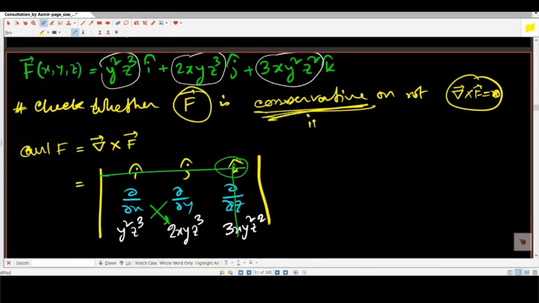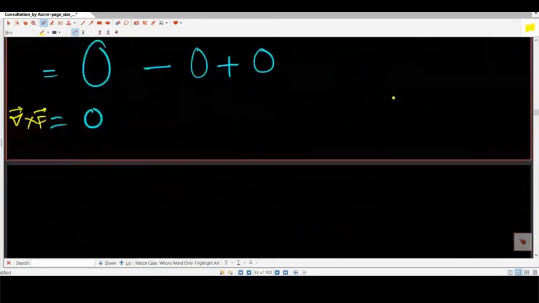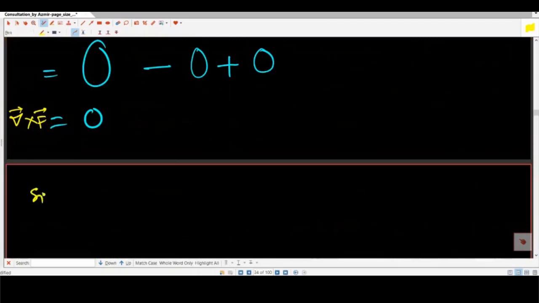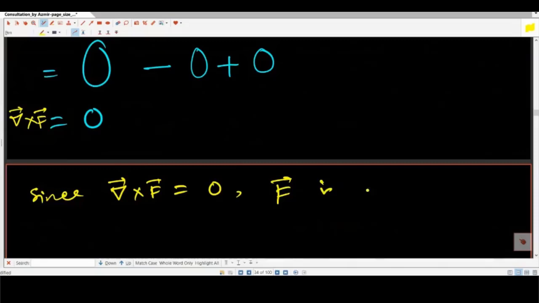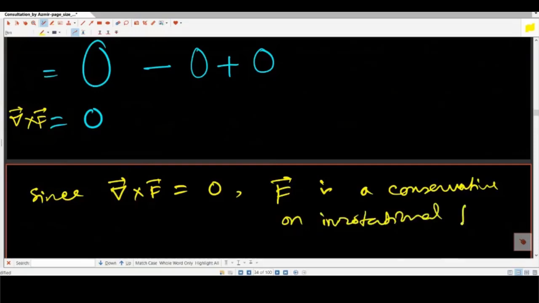That means it is irrotational. So we can leave a comment that since curl f is 0, therefore f is a conservative or irrotational field.